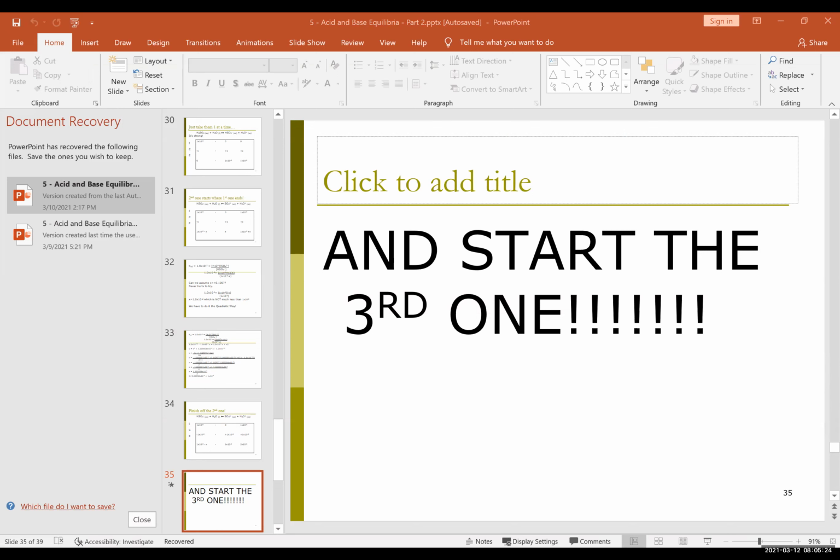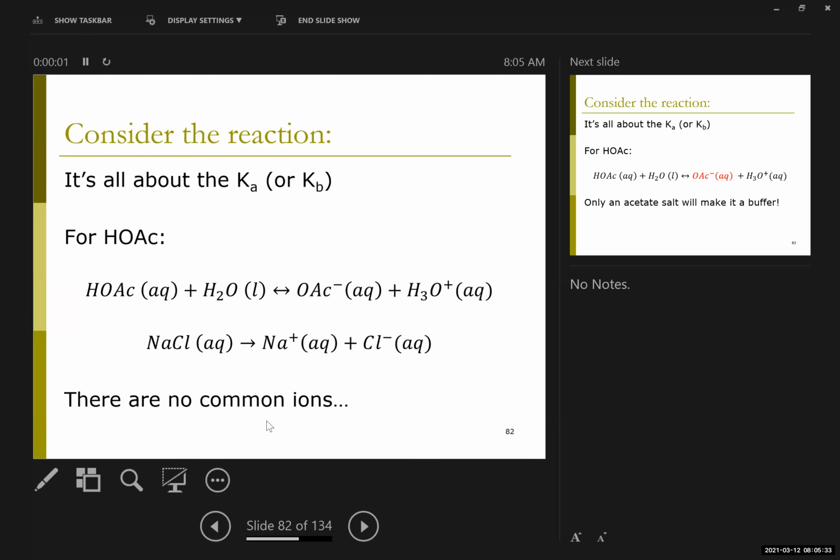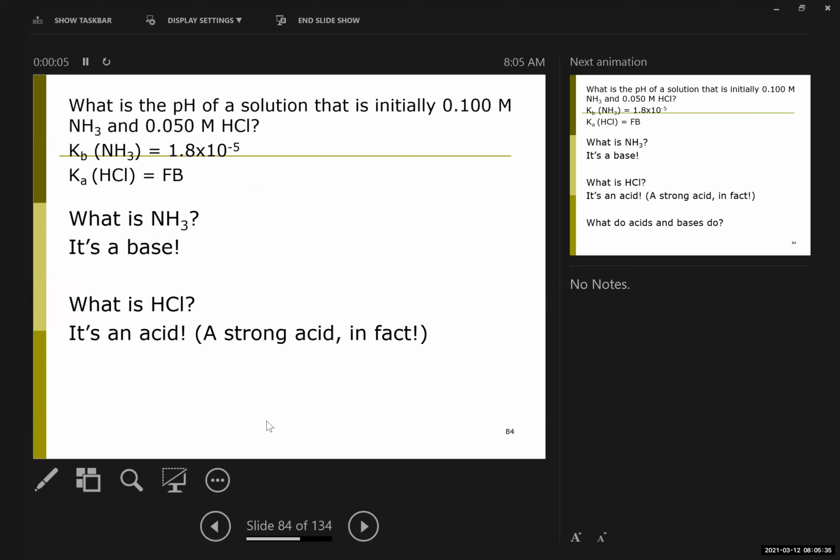Okay, the theme continues to be mixtures of acids and bases. We were talking about this little problem on Wednesday, where I've got a mixture of essentially a weak base and a strong acid.